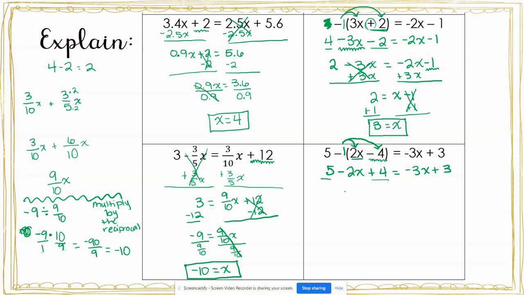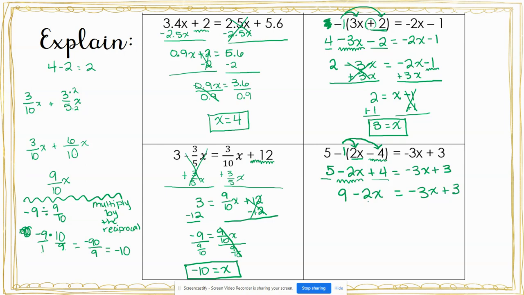So 5 plus 4 gives me 9. Now I do still have this minus 2x, so I'm going to rewrite that as well. And on the right side, I have -3x plus 3. Well, now both sides are simplified, so now I can start using inverse operations to move my terms.